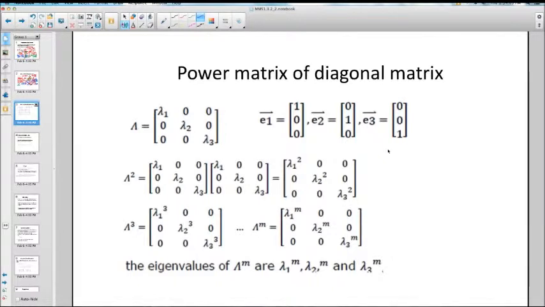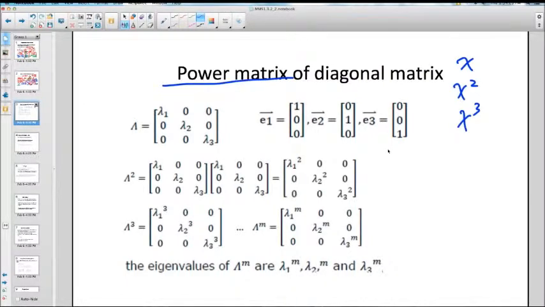So what's good about that? The good thing is it's easy to calculate. We're going to define the power of a matrix. Just like in your algebra, x is a linear function, x squared is quadratic, x cubed is cubic.